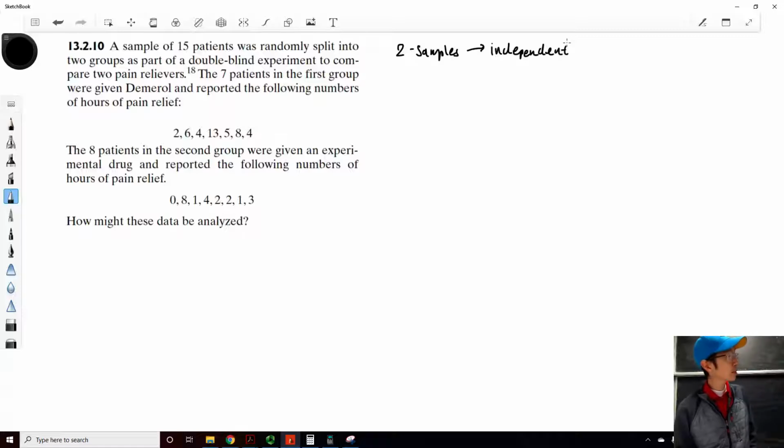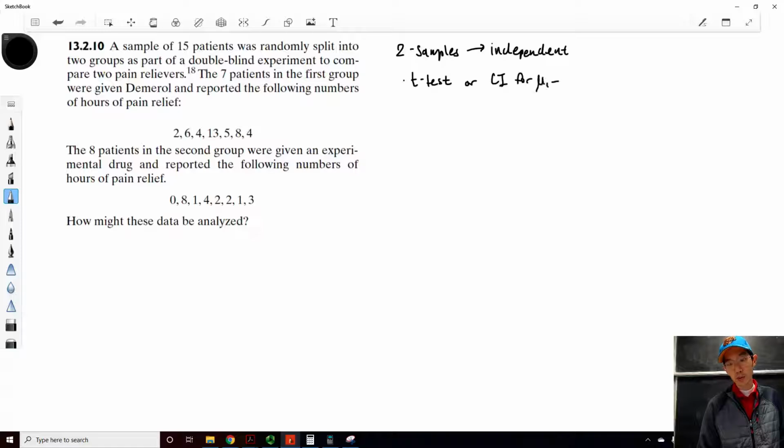And actually, I would say maybe you have a couple options here. We might say the t-test, or a confidence interval for mu1 minus mu2. But I would say maybe if we look closely at these numbers, we might want to do a Wilcoxon-Mann-Whitney test, okay?